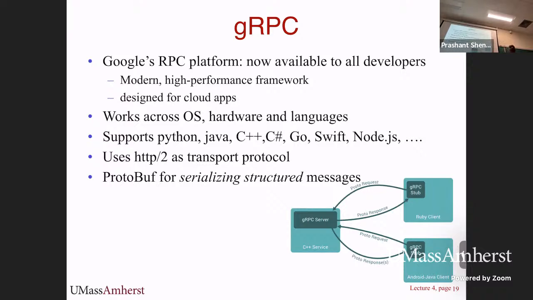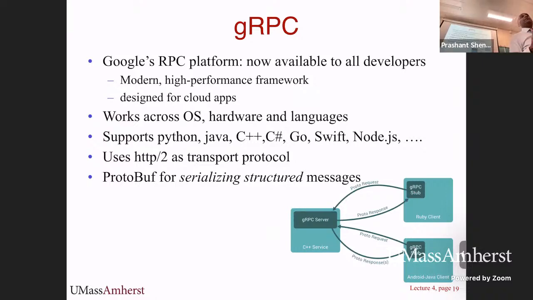So what is gRPC? First of all, it is a platform independent RPC system. Like any other RPC system, it works across OS and hardware. But importantly, in this case, it's also language independent. You can write the server in gRPC in one language, and you can write the client in a different language, and they'll still communicate with one another.